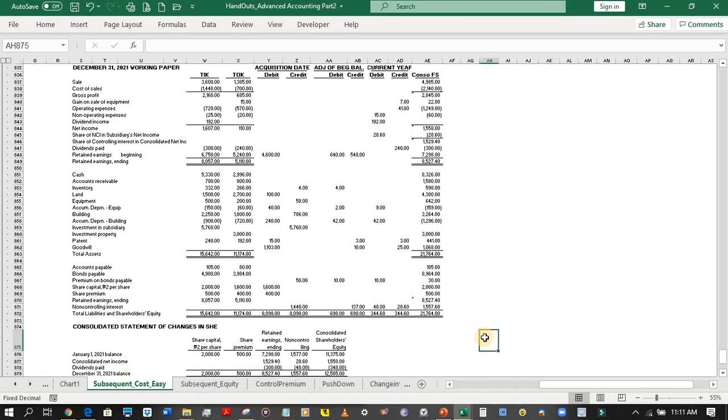Always ensure that the ending balances of retained earnings and non-controlling interest will equal the amount presented in the working paper or the statement of financial position. So this ends the discussion on the preparation of the consolidated financial statements subsequent to acquisition date.